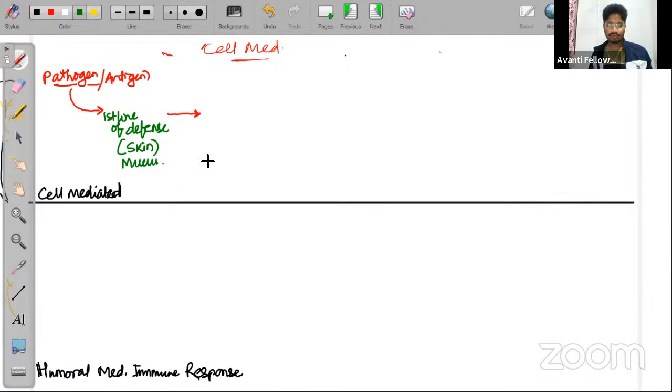When it enters into the body, suppose it has entered through the mucous layer, gastrointestinal tract, फूड के अंदर से होकर के ये आ गया अपने बॉडी के अंदर. Consider this one, we have eaten some food and that food was contaminated. In that food, some pathogen were there, right?